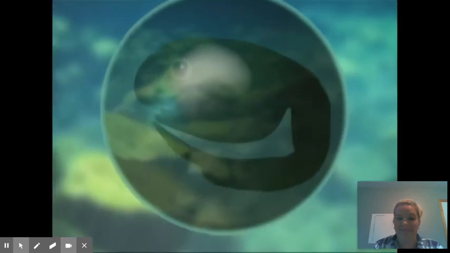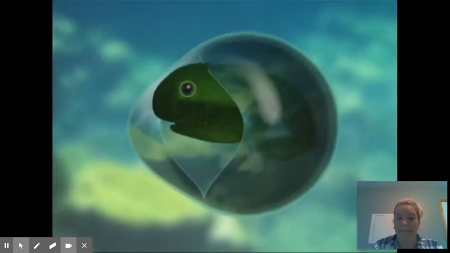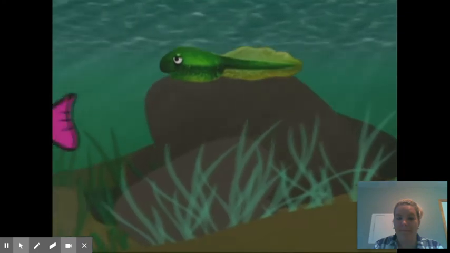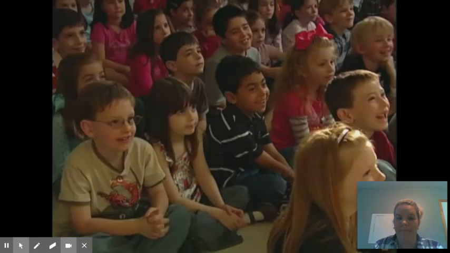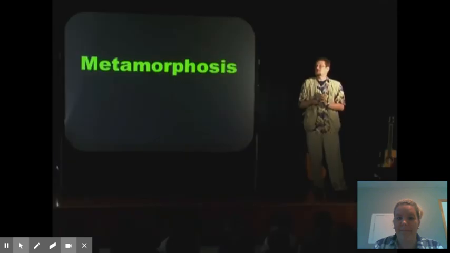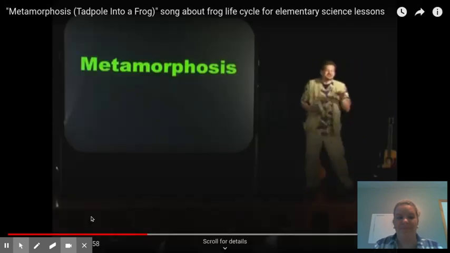Once upon a wet line, I was stuck inside an egg. There wasn't very much to see, so I wiggled and I broke free. I kinda looking like a fishy, with my tail going squishy. I got gills on my neck, I got no legs yet, but just you wait and you will see. A metamorphosis, metamorphosis. Well, I'm gonna be more than this. Just wait and see.